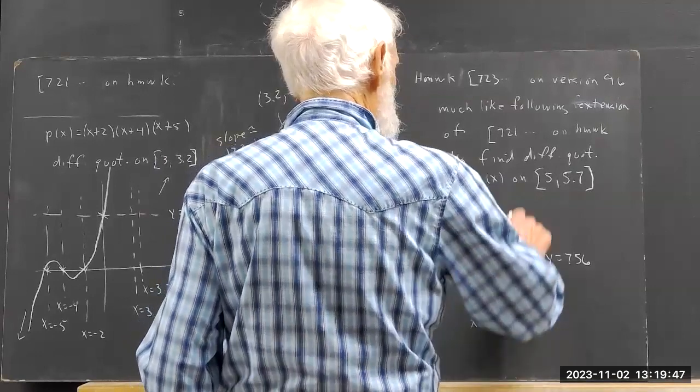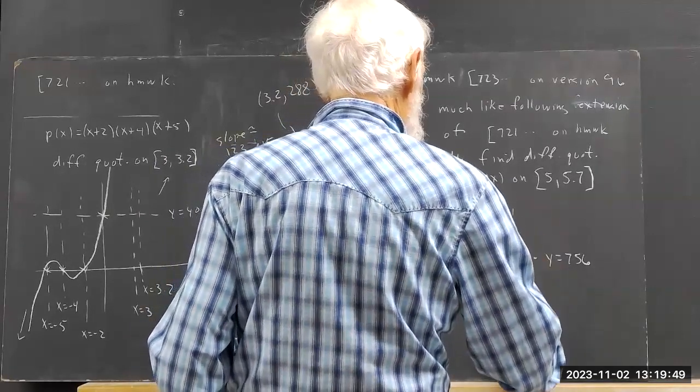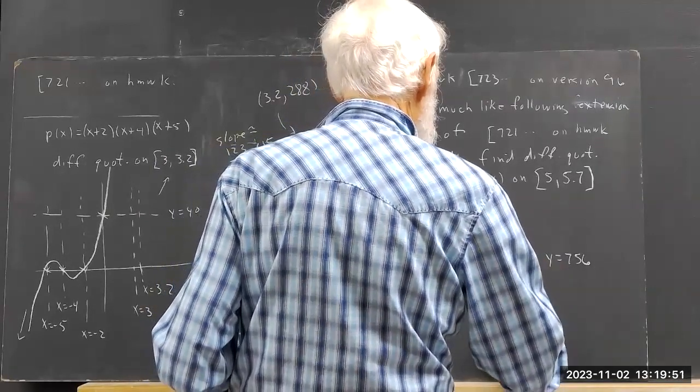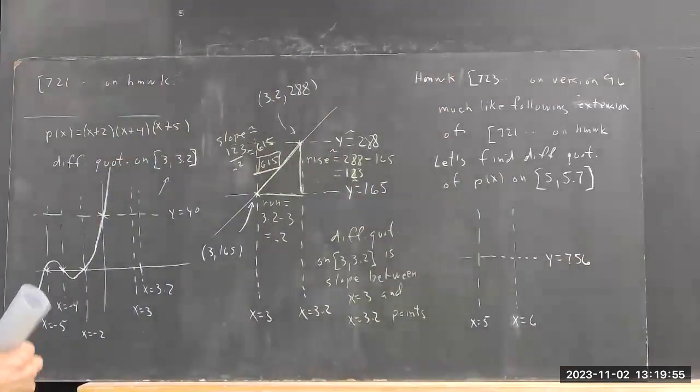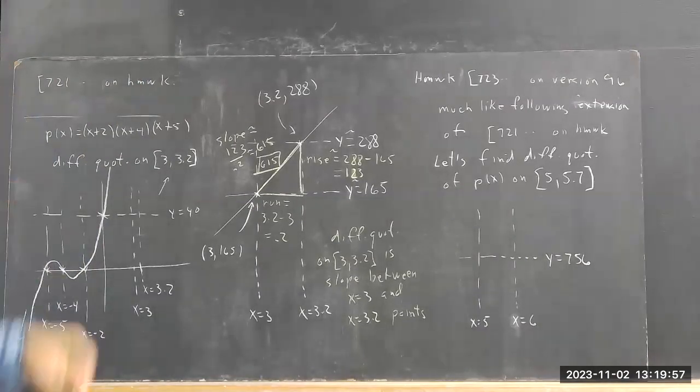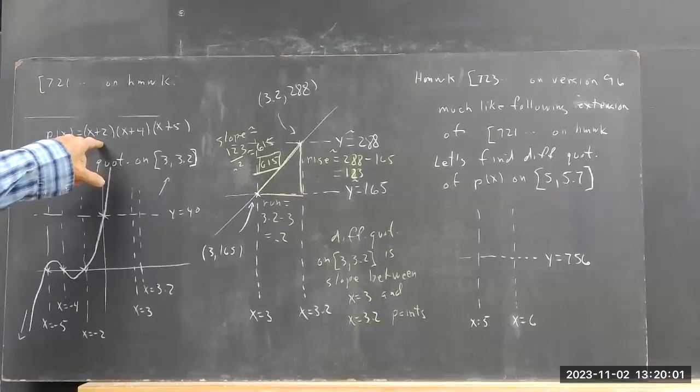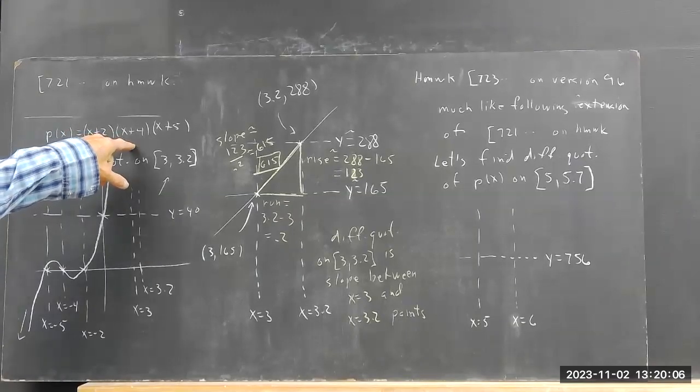Then we have x equals 5 here. Now, here's where I'm going to have a little trouble coming up with a reasonably good approximation. So now if x is 5.7, we've got 7.7 times 9.7.